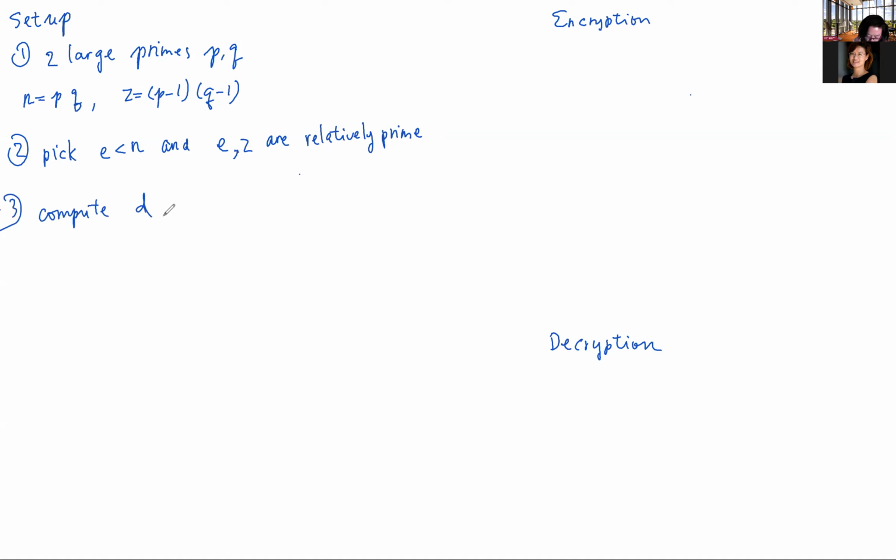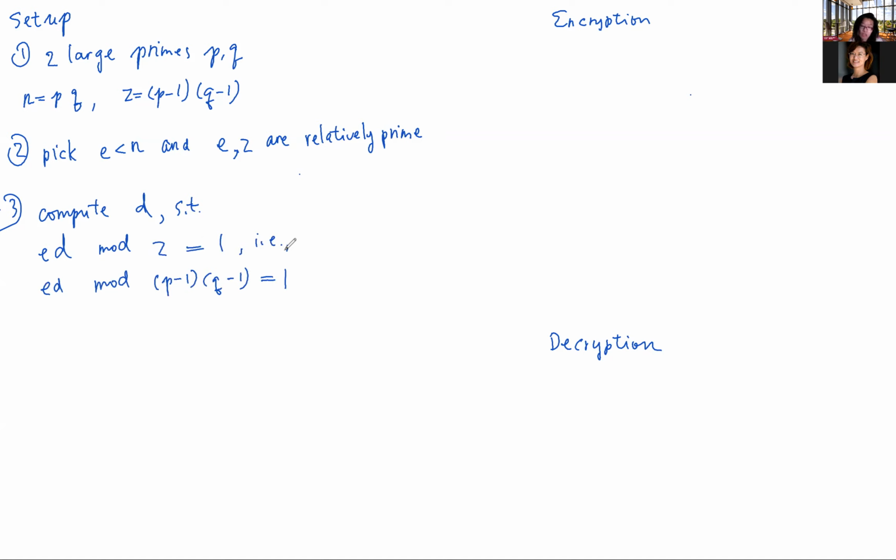The private key is very special, such that E times D mod Z equals 1.